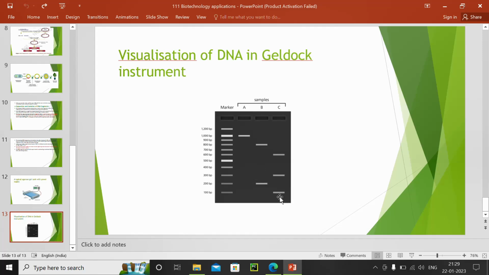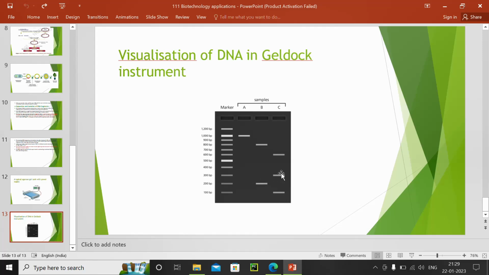So here this is 100 base pair, that is, ATGC repeated 100 times. ATGC are nothing but nucleotides. The DNA consisting of 100 nucleotides gets separated very early because its size is very small. 200 is a larger size, therefore it moves very slowly compared to the 100 base pair DNA fragment.